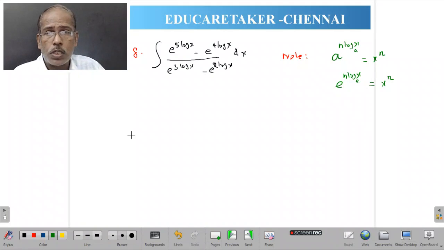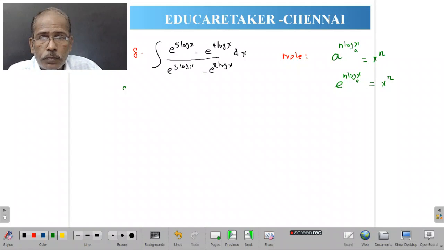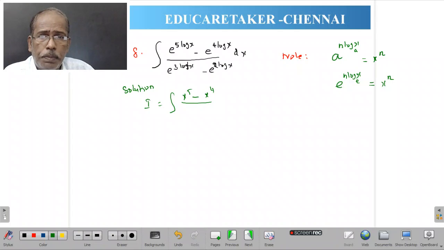Applying this conversion rule, we can have a simplified form of the question. The integral of e power 5 log x is x power 5, e power 4 log x is x power 4, e power 3 log x is x cube, e power 2 log x is x square.